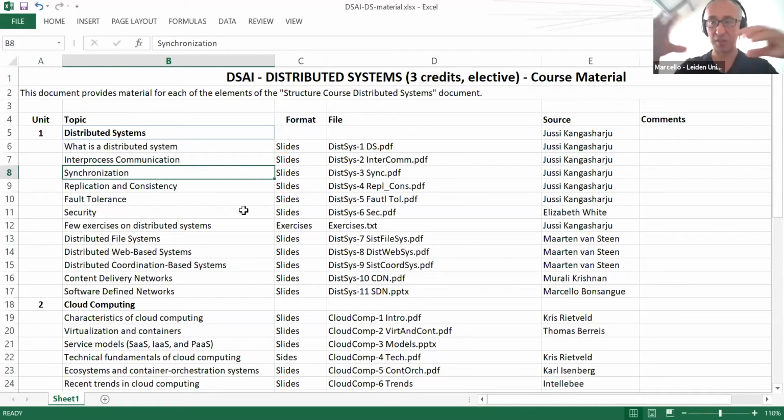There are all these processes which work on different nodes in the system. They all go at different speeds, and from time to time they have to synchronize, and there are several algorithms to guarantee that synchronization happens. Those algorithms are studied during this lecture. This lecture is quite heavy in the sense that it's long.